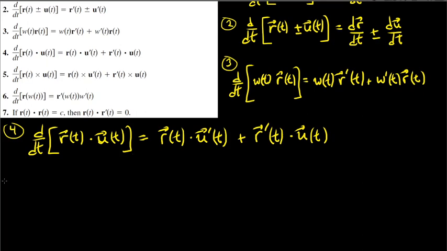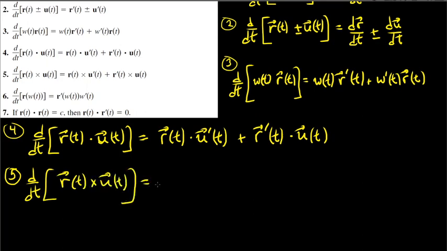And it also works for the cross product, although we have to be a little bit more careful here. The derivative of r cross u is going to be r cross the derivative of u, plus the derivative of r cross u.